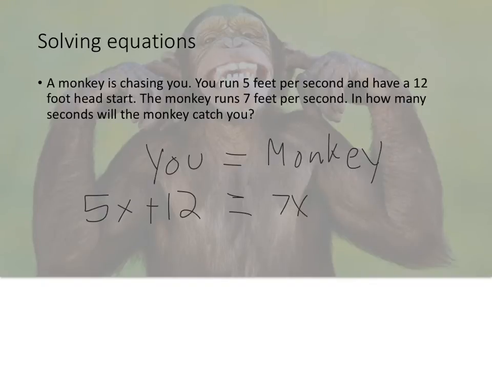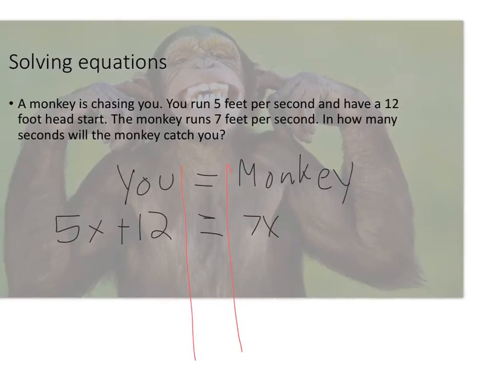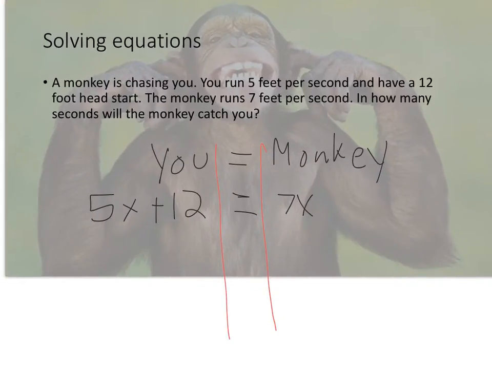Now, one thing that we haven't done yet is how to solve an equation when you have variables on both sides. Well, guess what? We have our variable party here. On this side, we have variables, we have numbers, and we have variables. So let's think about this.